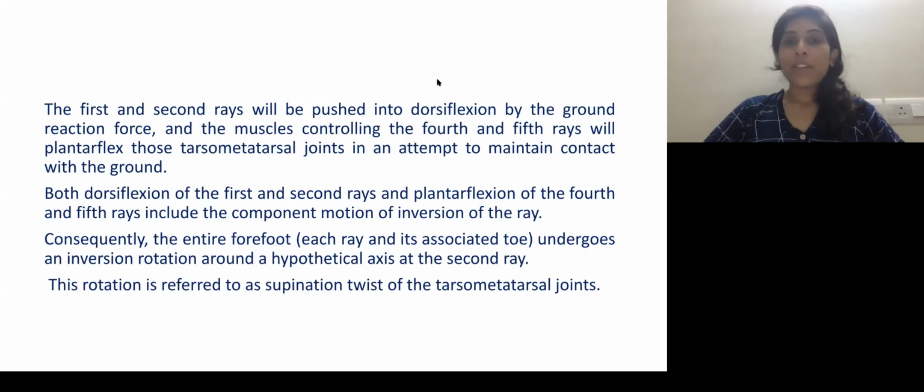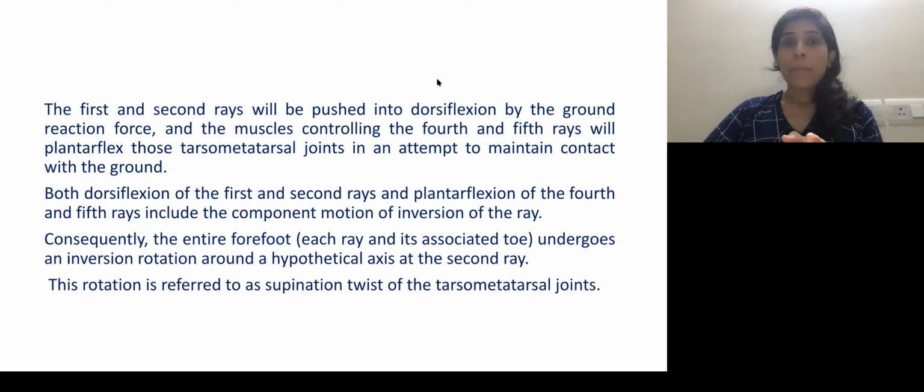So whenever we mention the supination twist, we should know that if the calcaneum is going for the pronated position, the transverse tarsal joint should go for the supinate position just to compensate for the movement which is produced by the hind foot. But if this transverse tarsal joint is inadequate to provide this supination force, we require other structures to compensate for that.